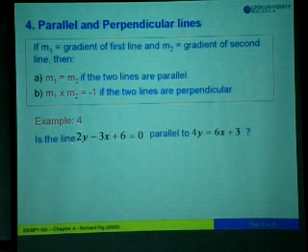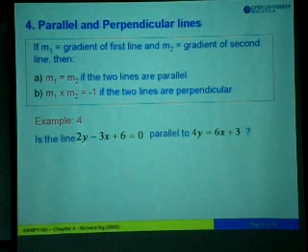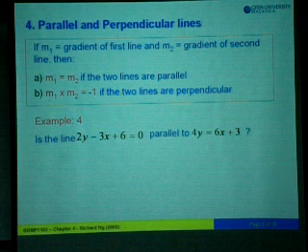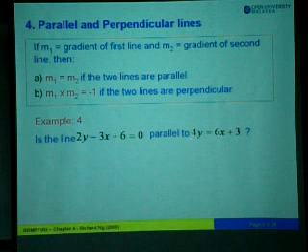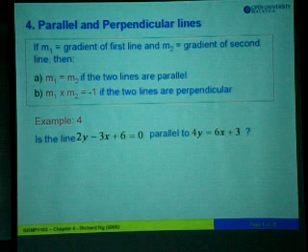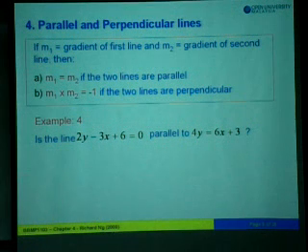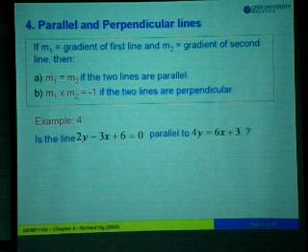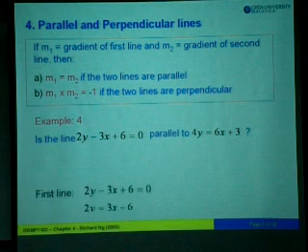We are asked to find if the line 2y minus 3x plus 6 equals 0 is parallel to 4y equals 6x plus 3. So in order to know whether they are parallel or not, we have to find the gradient of each line.